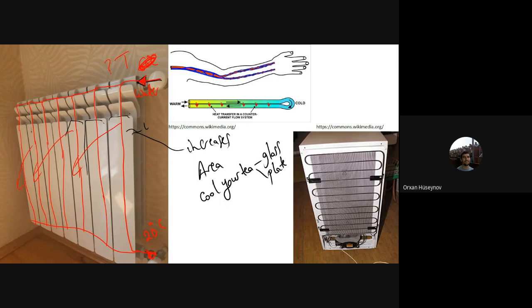When you use a glass for cooling your tea, it takes lots of time, but with a plate it takes less time because it has more area. The glass has less area. In a similar manner, for heating systems of the house, we are using this structure here. It is called a fin.